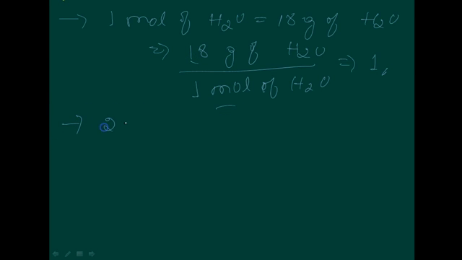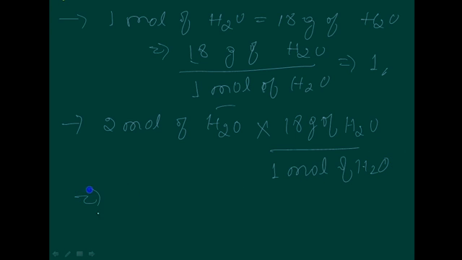Then consider 2 mole of water, you are obtaining 2 mole of water on the product side, so 2 into 18 gram of water divided by 1 mole of water, so that you get 36 gram of H2O. So this is the example.